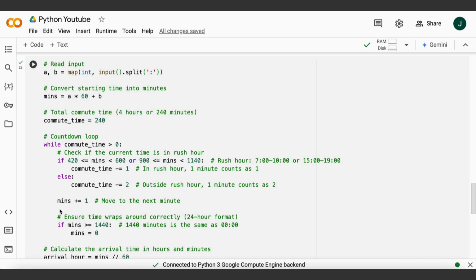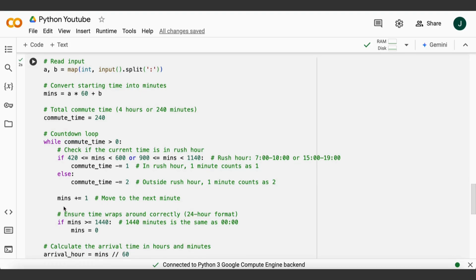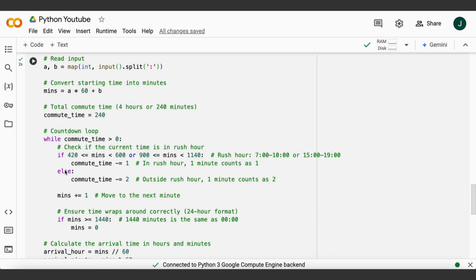So that means for me, it didn't matter when Fiona starts to commute, okay? I'm just going to use that time, those minutes, and try to map into the rush hour time and non-rush hour time and do the countdown, okay? For each countdown, I'm going to go back and check whether it's rush hour or not, and reduce the commute time accordingly, okay?